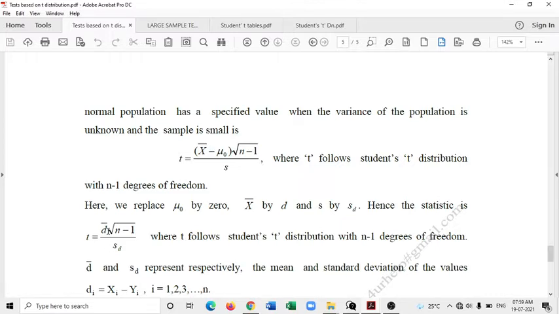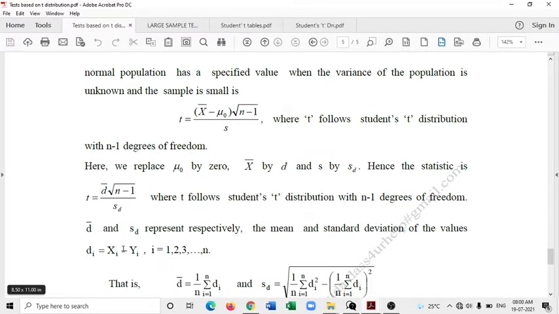Here d bar is the mean of the differences of the pairs given in the sample, n is the sample size, and sd is the standard deviation of the differences, that is d1, d2, etc., dn.